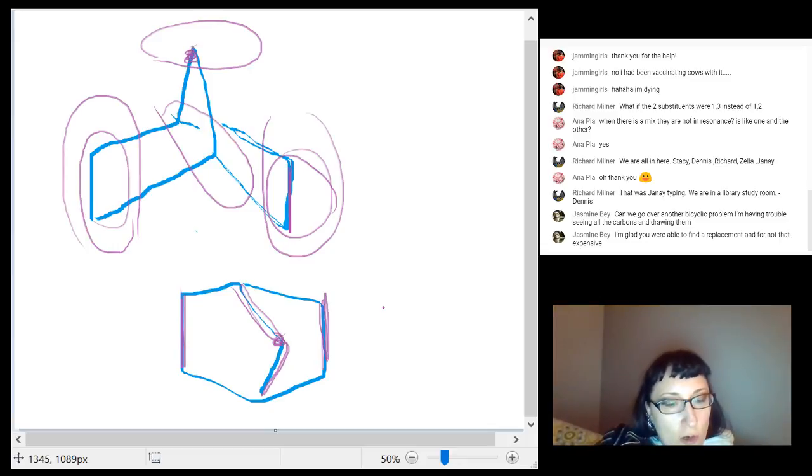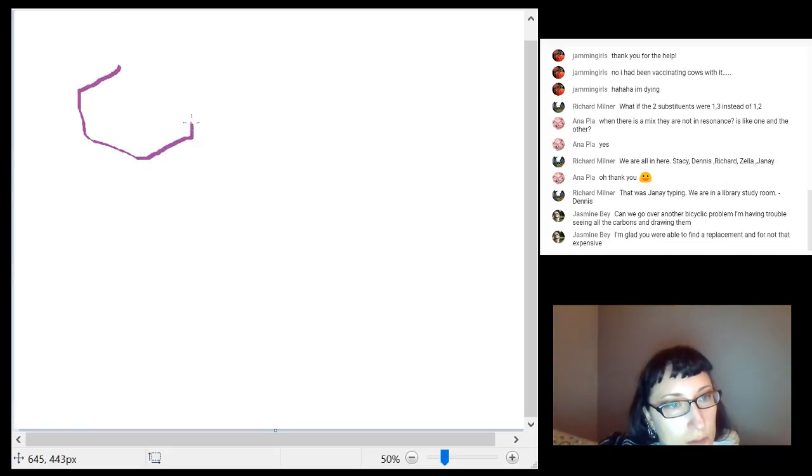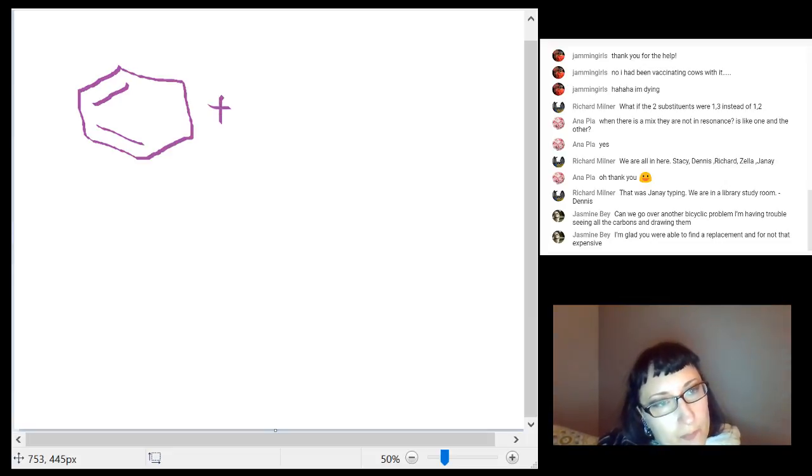So if you are trying to do, for example, a Diels-Alder reaction where you would expect to get some sort of bicyclic product if you started with a cyclic starting material, I can start off with, let's do cyclohexadiene, and then let me change my color.